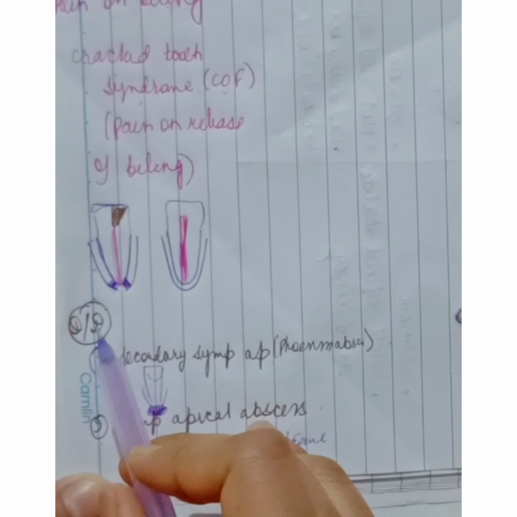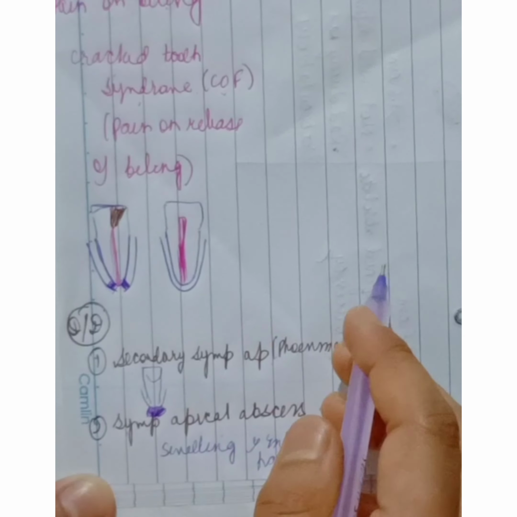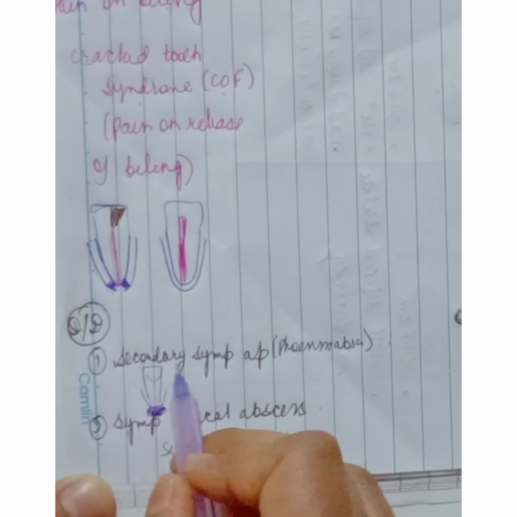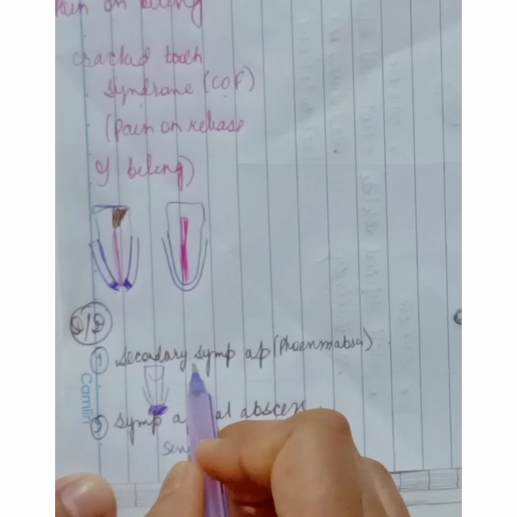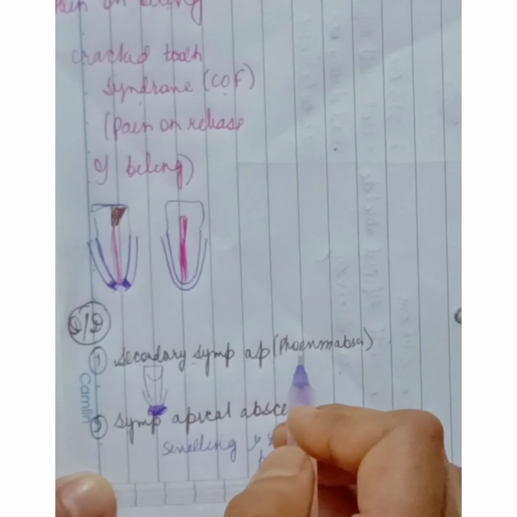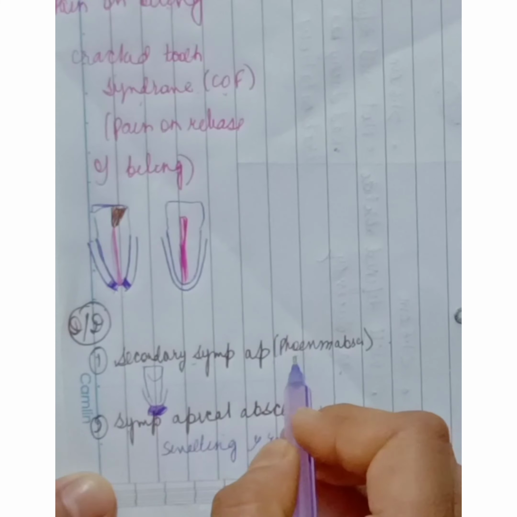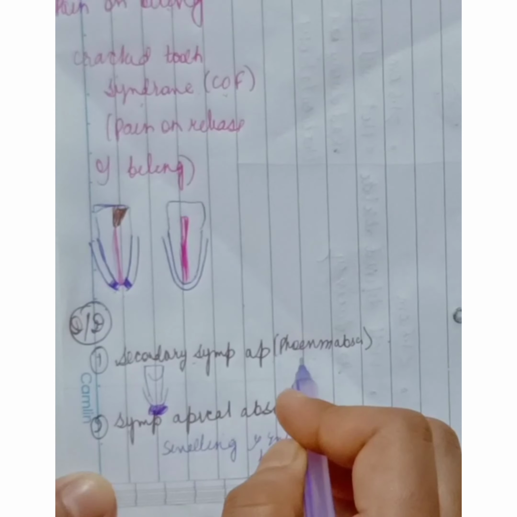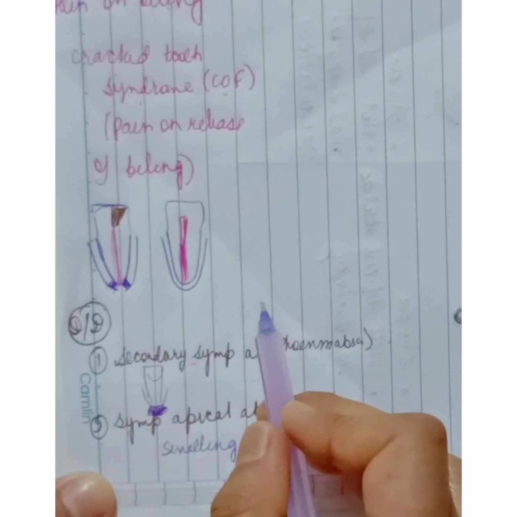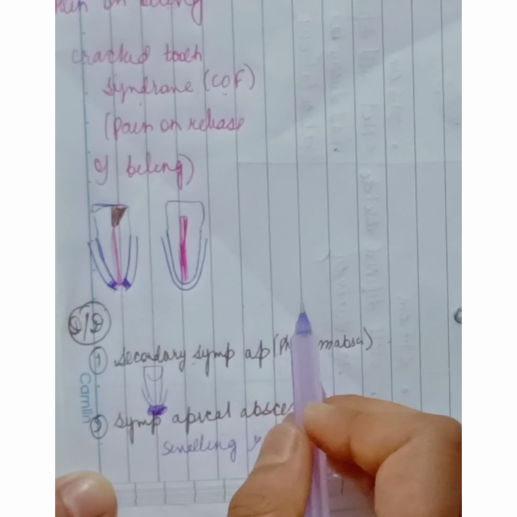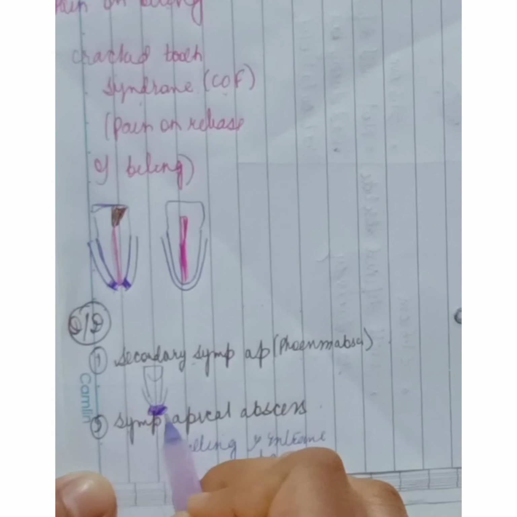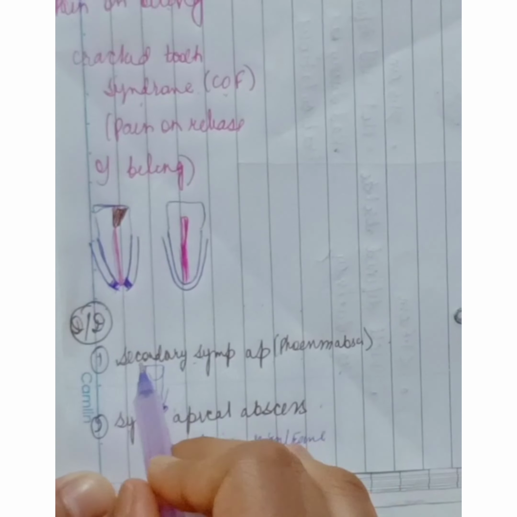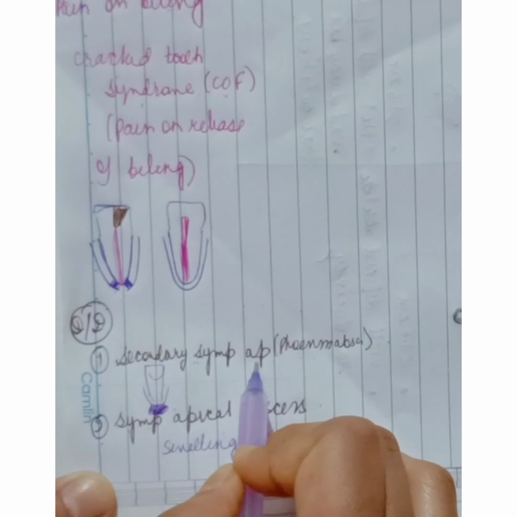Coming on to the differential diagnosis of primary symptomatic apical periodontitis, first comes the secondary symptomatic apical periodontitis, which we saw is also known as phoenix abscess. We saw that phoenix abscess is nothing but a chronic condition which has turned into an acute condition. Because this is a chronic condition, there will be a periradicular radiolucency in secondary symptomatic apical periodontitis.